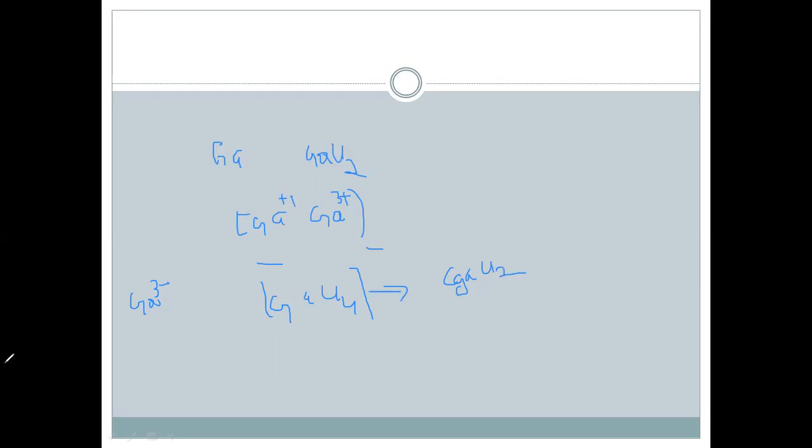Now see, tendency to form the ionic compound. Remember, formation of the ionic compound increases from boron to thallium.